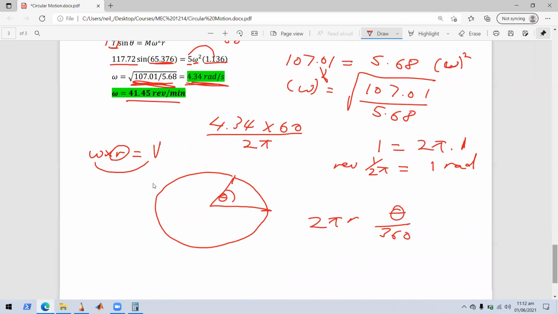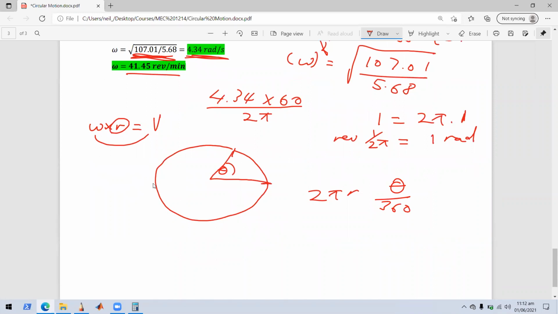But radians is a very simple way. You just multiply the radians by the r and you get the length L. So the reason we get radians is just because these formulas are all based on radians.